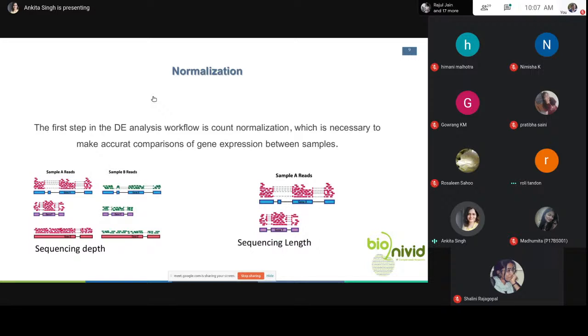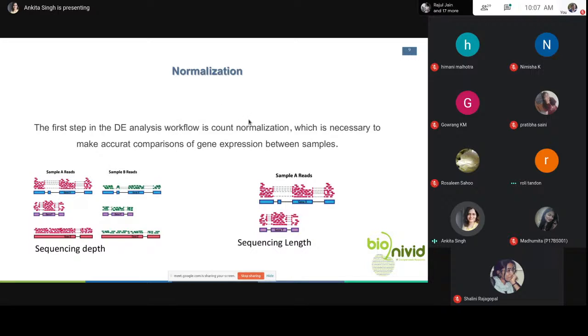If I am comparing a gene in both sample A and B, obviously, due to the large amount of data present in sample A, it will have lots of reads aligning to that particular gene. So when we are performing a differential gene expression, we are going to say what is the expression of a particular gene in comparison to another sample.